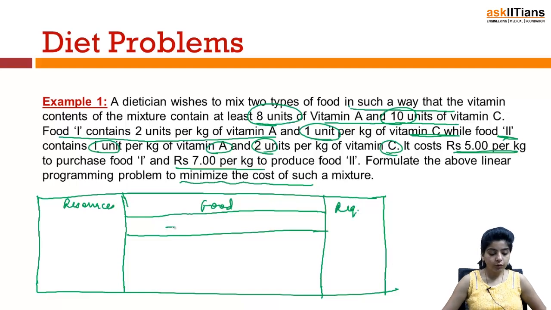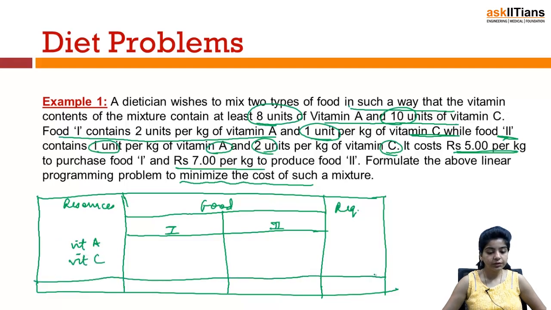So in case of food also I have 1 and 2, and resources are vitamin A, then vitamin C, and I can put my cost also here.